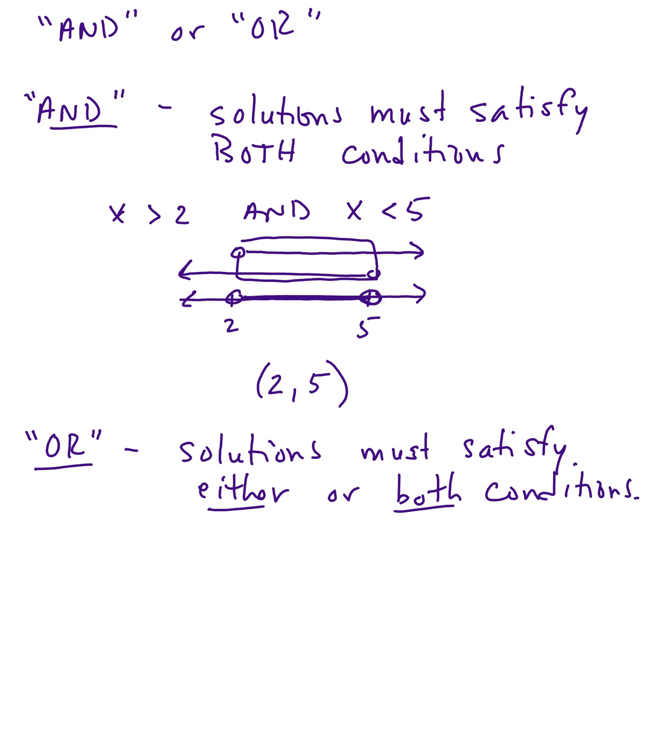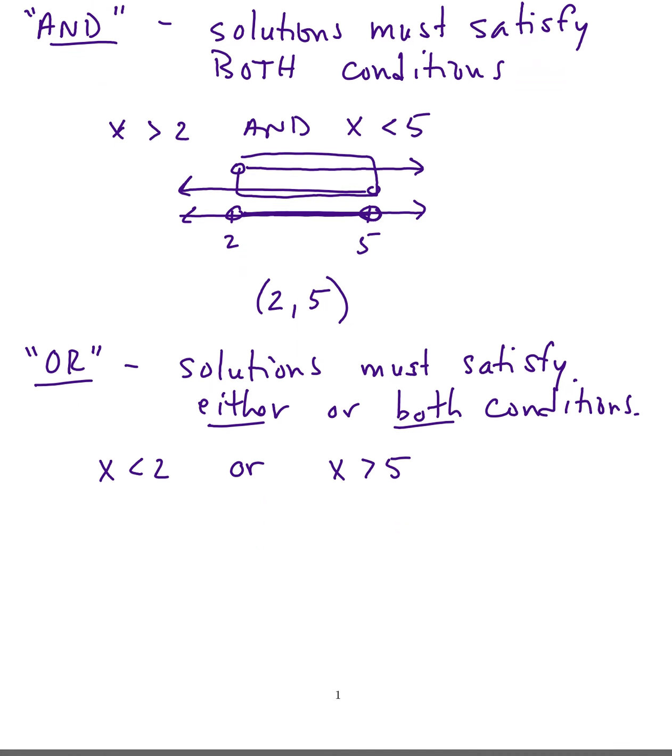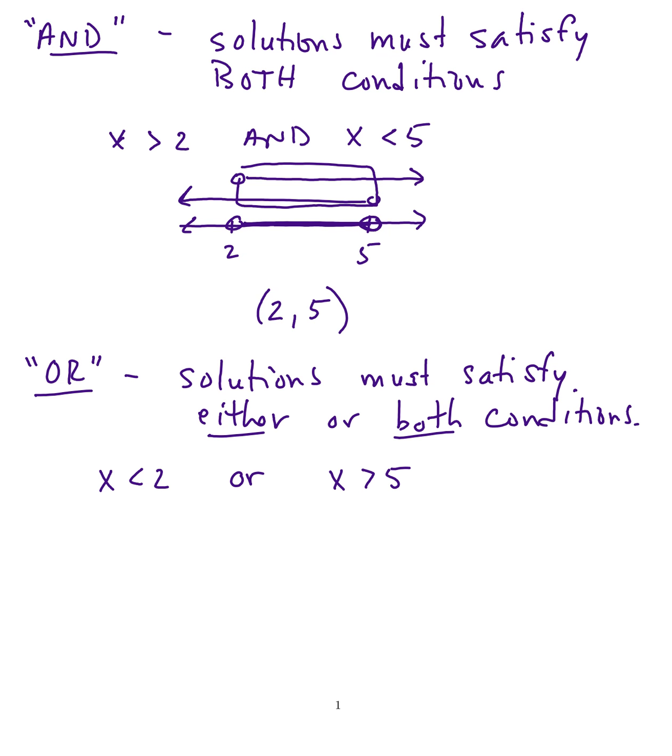If we take a similar problem, but say x is less than 2 or x is greater than 5, we need to look for solutions that satisfy either one of these inequalities or both. In this case, there are no solutions that satisfy both.